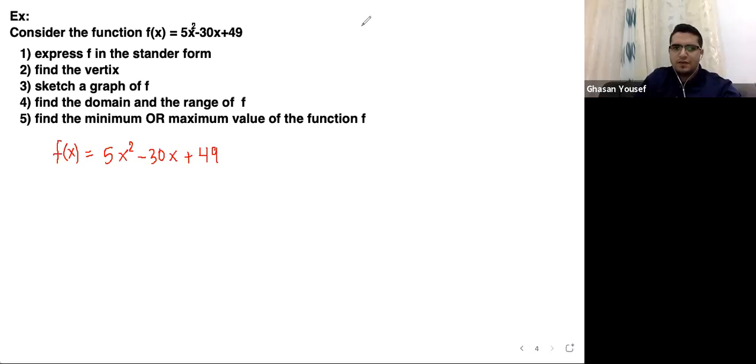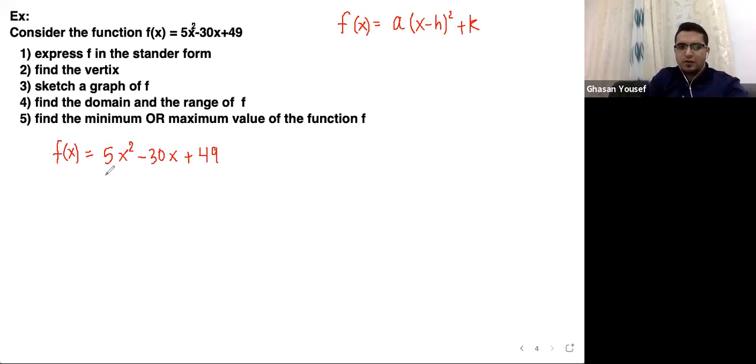The standard form is f of x equals a times (x minus h) squared plus k. First of all, we have to look at the first two terms. This is the first two terms.